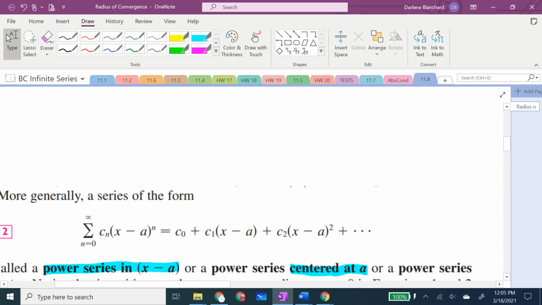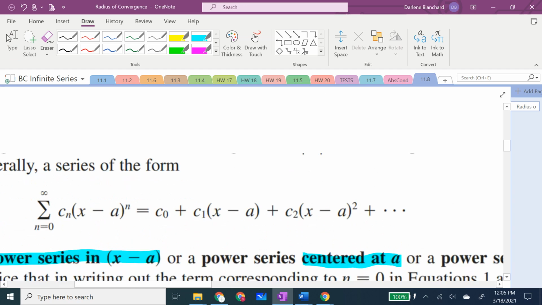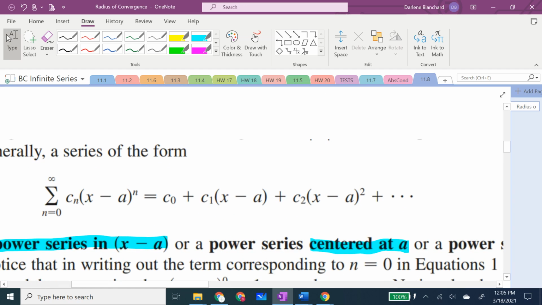There's your hint. What's special about x equals 0?